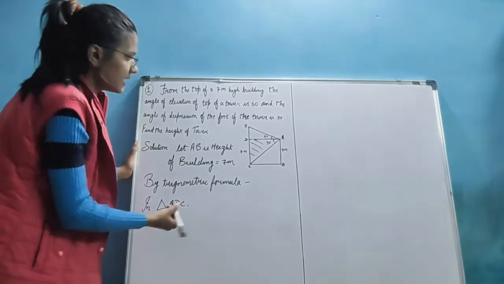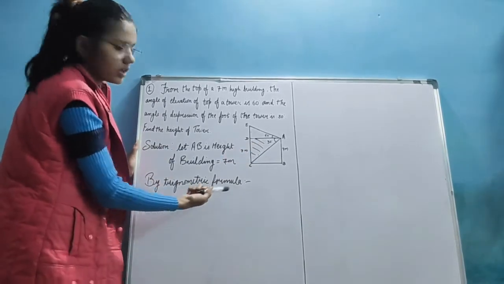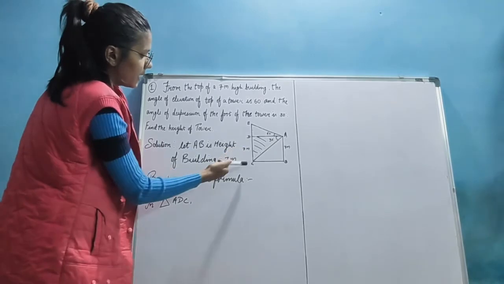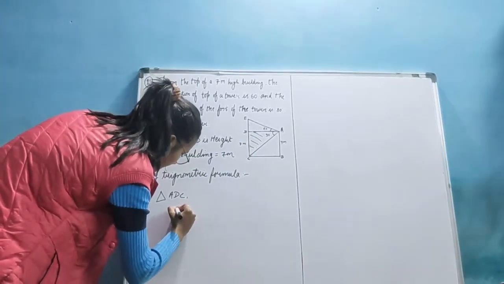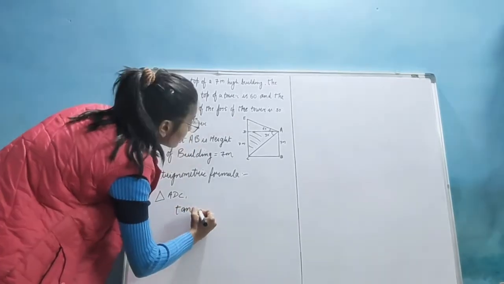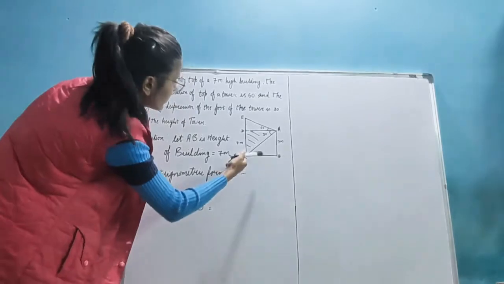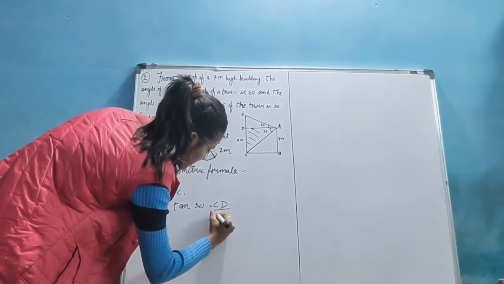In triangle ADC, I apply tan theta and theta is 30 degree. So tan 30 is 1 by root 3, and perpendicular upon base: perpendicular is CD and base is AD.